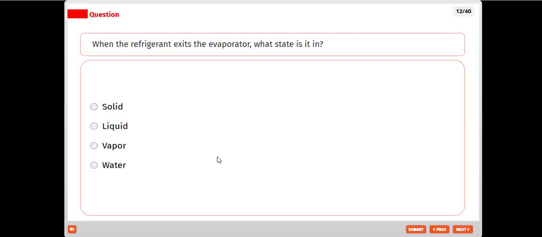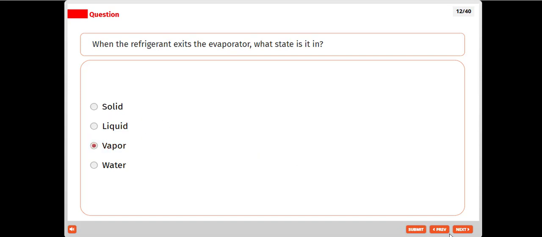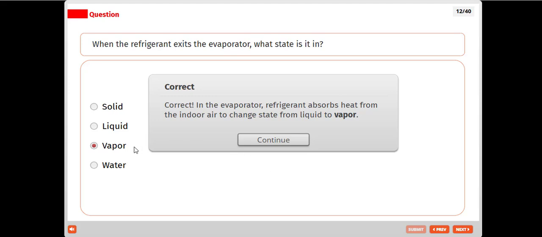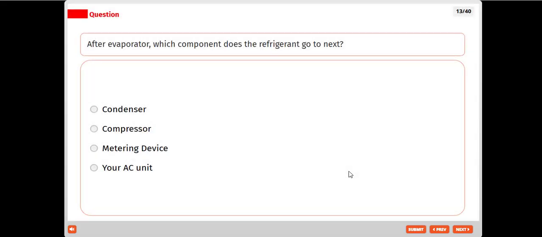When the refrigerant exits the evaporator, it will be vapor. It will enter as a liquid and go out as a vapor. After the evaporator, which component does the refrigerant go to next? It will go to the compressor.